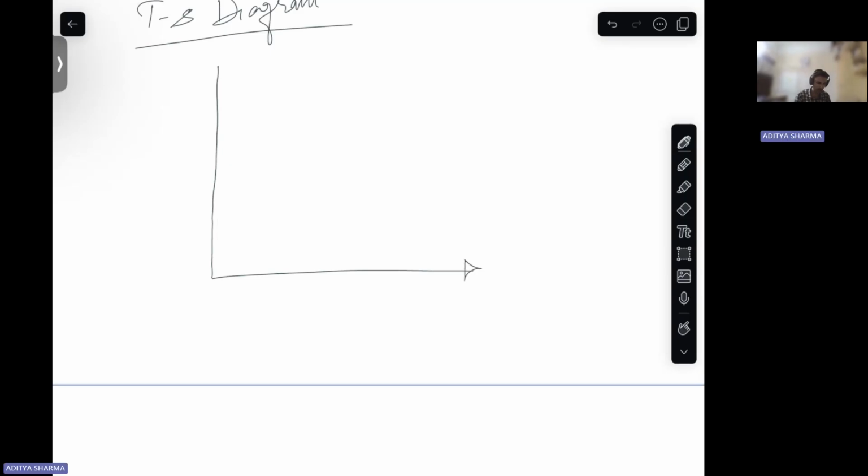Because it's a turbine, obviously the expansion will take place. But then how exactly? Let's see this. Across the nozzle ring, first of all, we have this form.